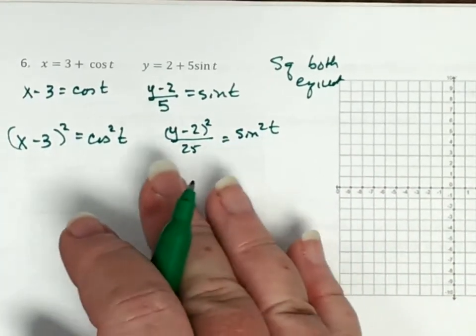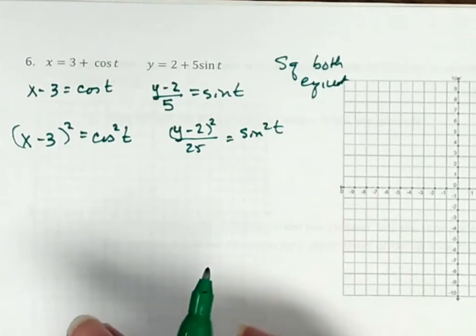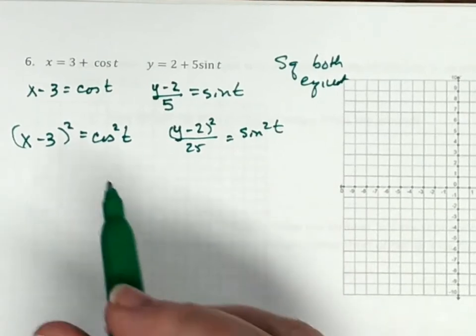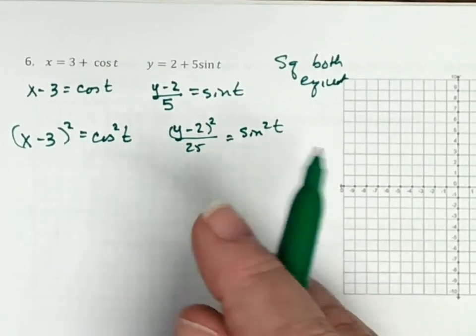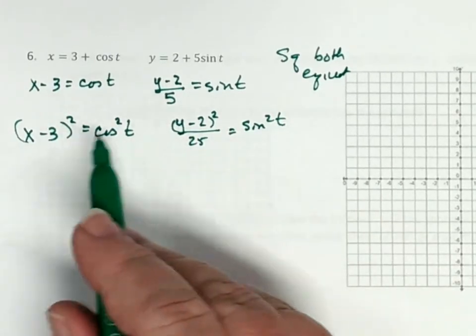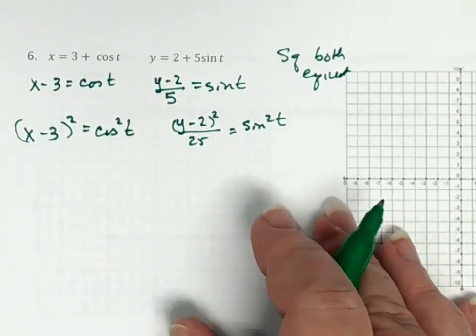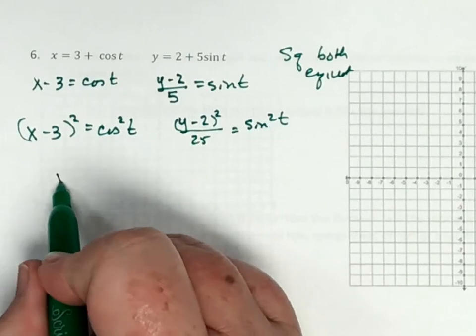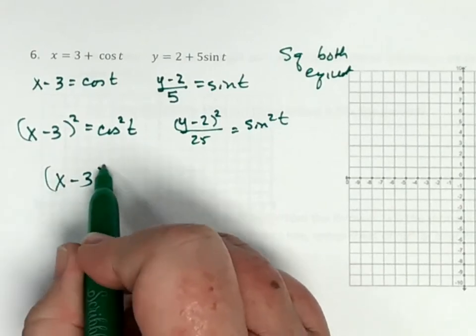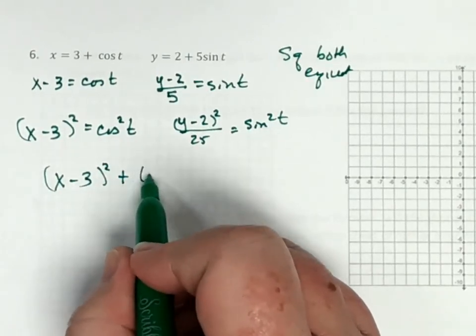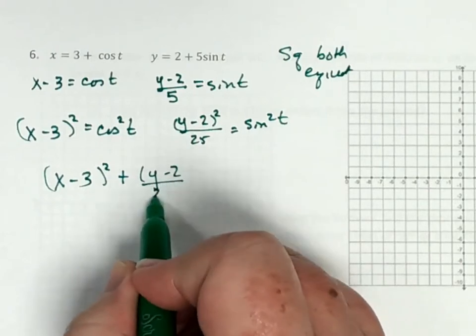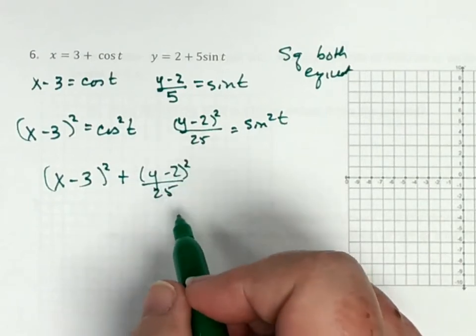Okay. When we look at this, we have to have a common denominator. We add these last two sides together, they're going to need a common denominator. So I've got x minus 3 all squared plus y minus 2 over 25 all squared.